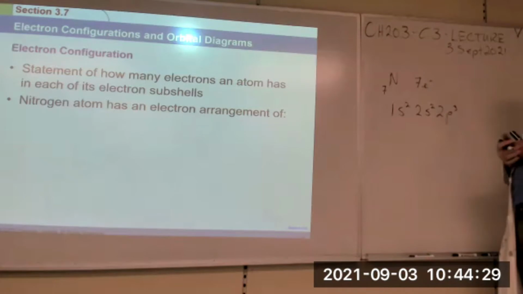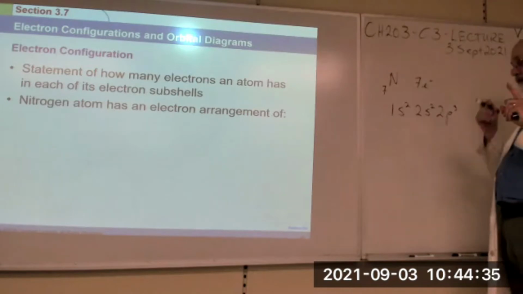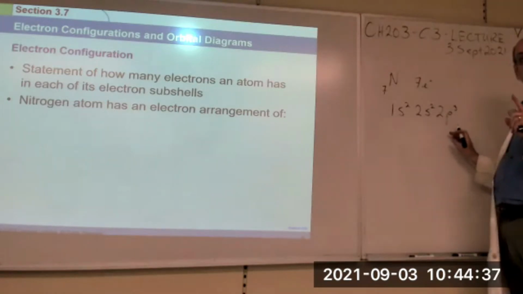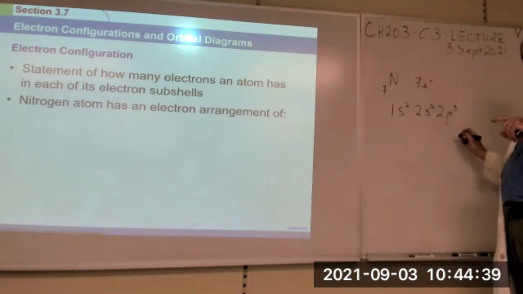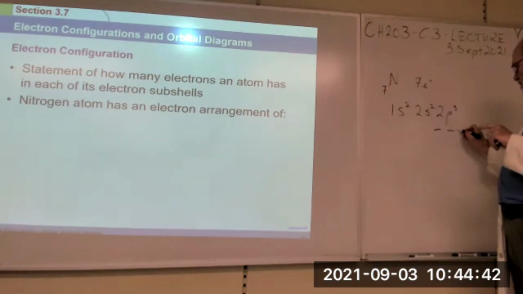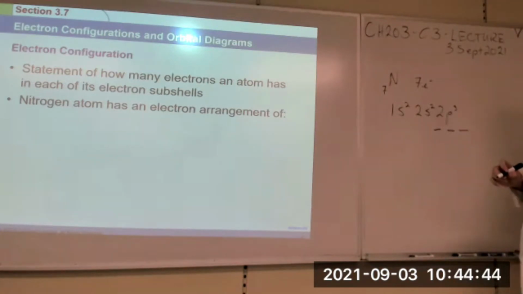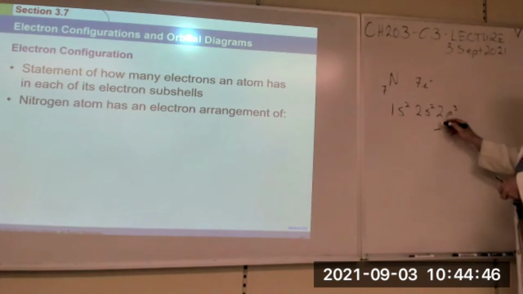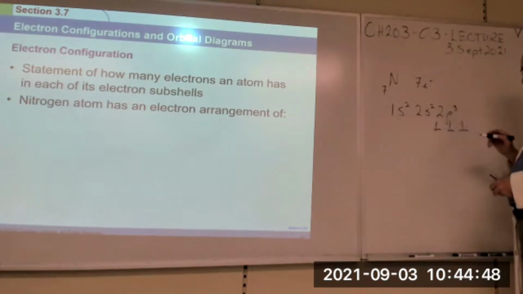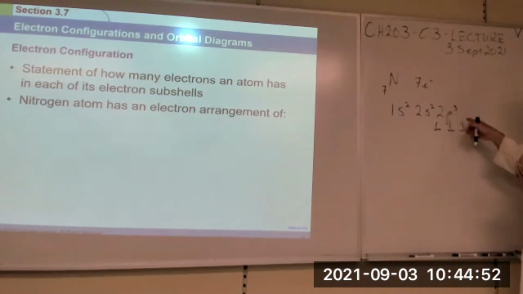Now remember, the s's only have 1 orbital with 2 electrons each. But the p's can have 3, the m sub l's. So if we want to be more detailed, we would say those 3 electrons look like this. 1 upspin in each of the 3 orbitals.